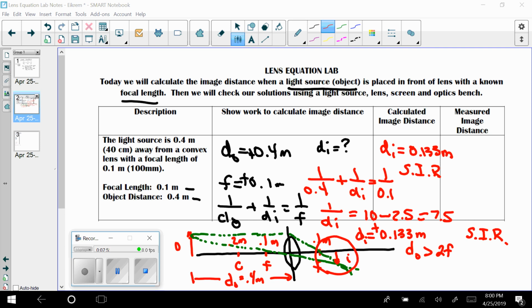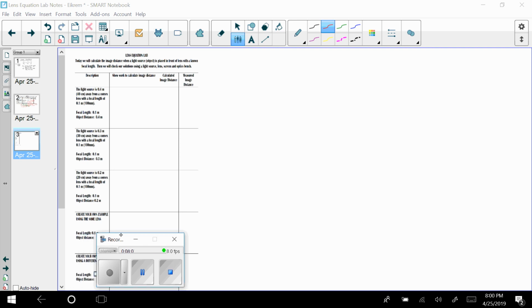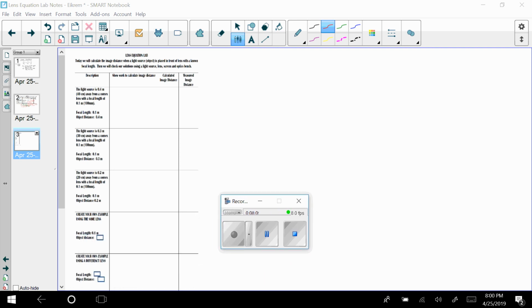Okay, so what I'd like you to do then is take this kind of approach and go down through the rest of the table and fill those in. And what I'd like you to assume for the object distance for the second to the bottom one is 0.15 for dO.